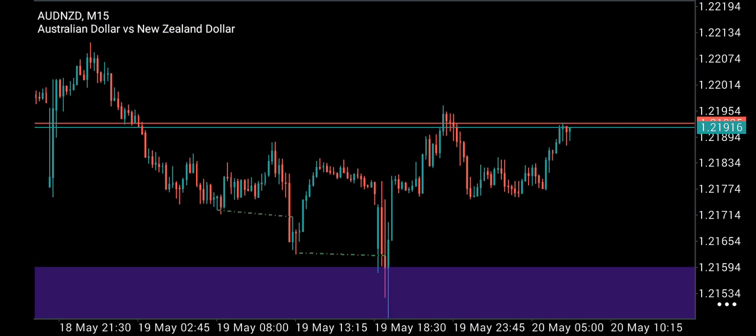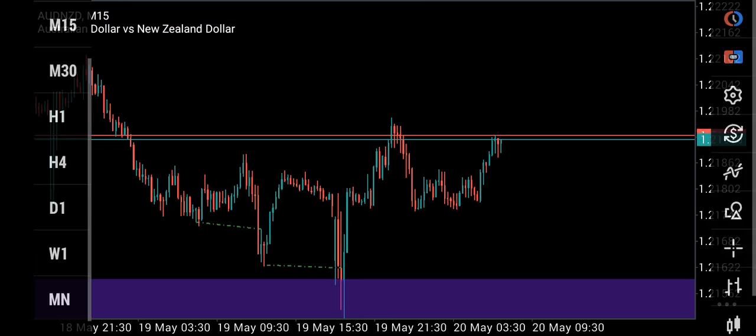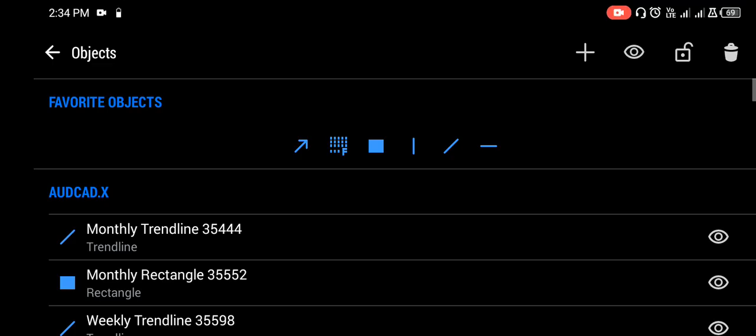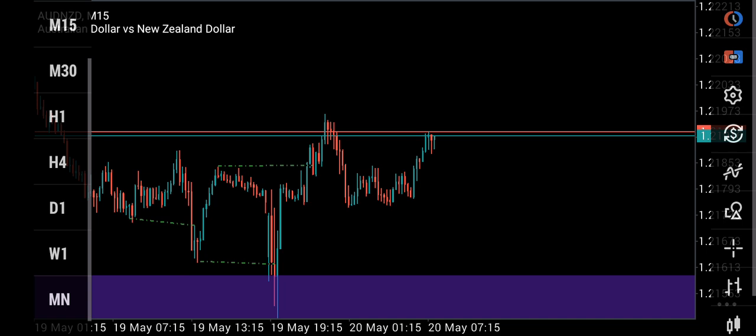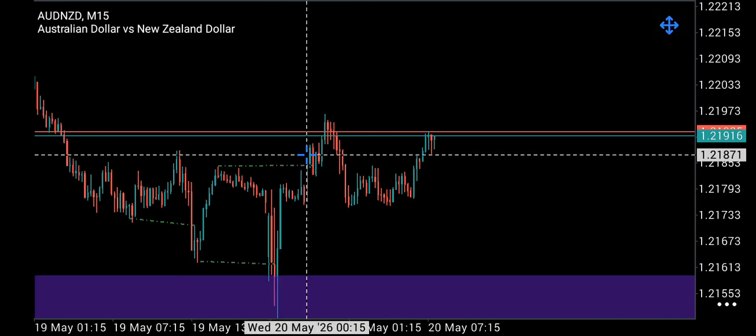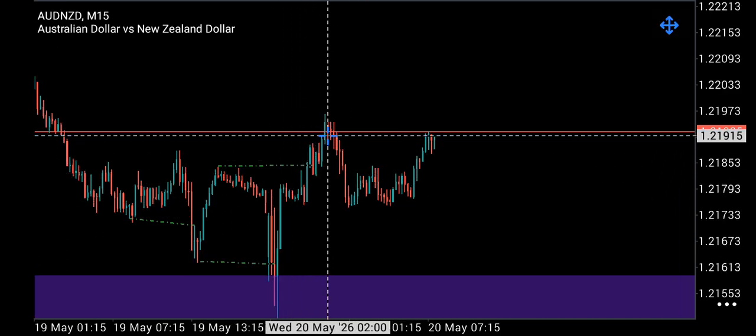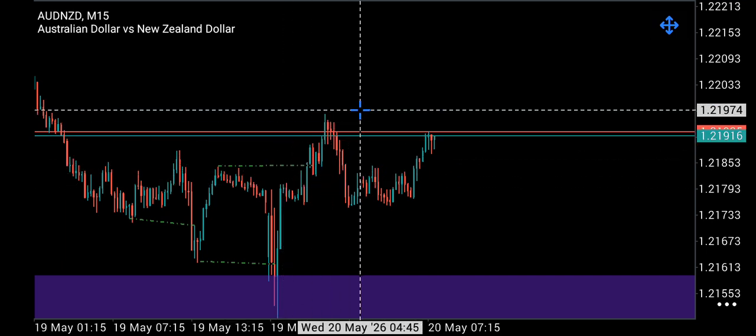After we got that break of structure to the downside on the 15 minutes, we can see that the market has given us a change of character around this zone. Since this was the last break of structure to the downside, price has broken to the upside, so that gives us a change of character.